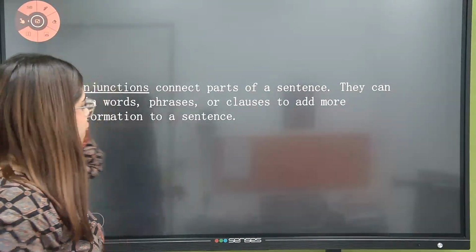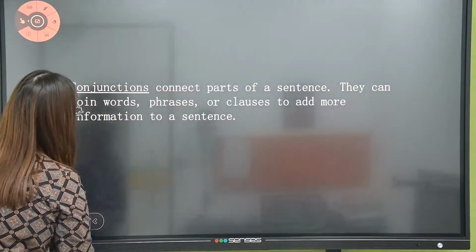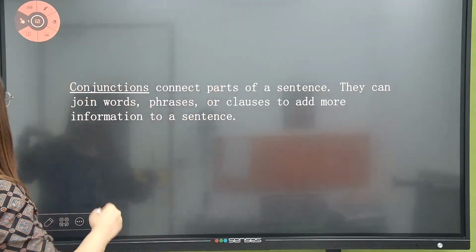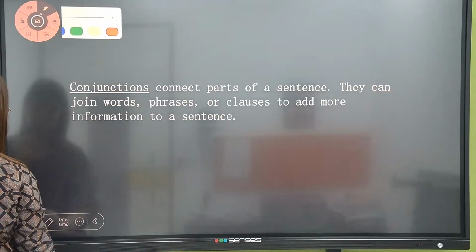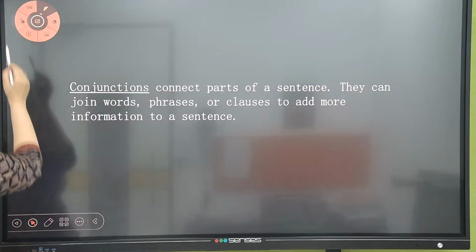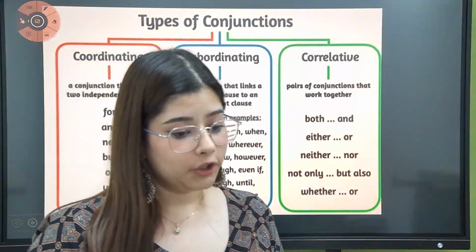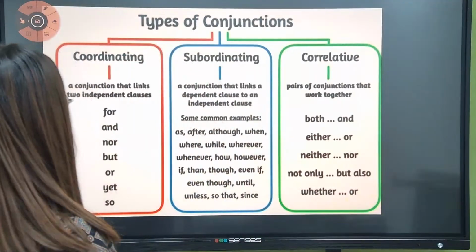Conjunctions. Conjunctions connect parts of a sentence. They join words, phrases, or clauses to add some more information to the sentence. Conjunctions can further be divided into three main types.